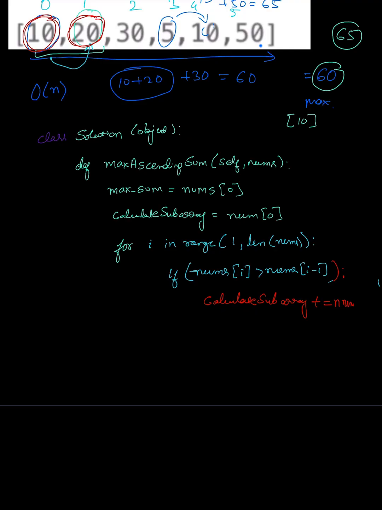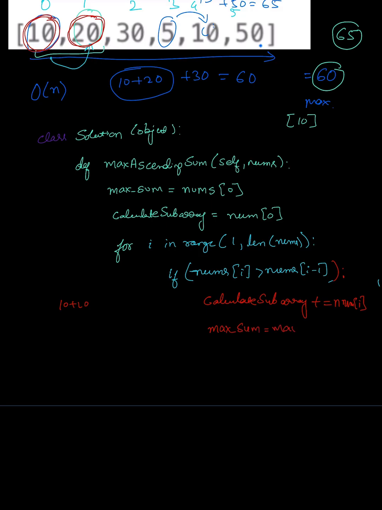That is nums of i. The i value is 1, so it's going to become 10 plus 20 in the first iteration. And next, in each iteration, we need to check whether we can store the maximum sum so that we can keep track of it.